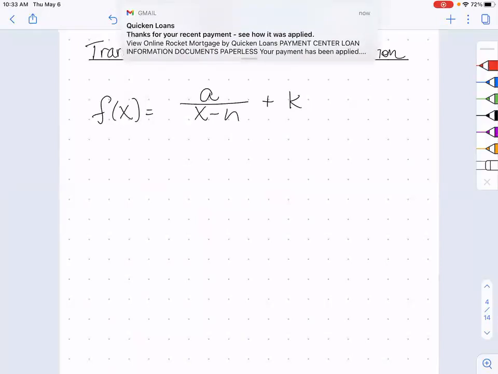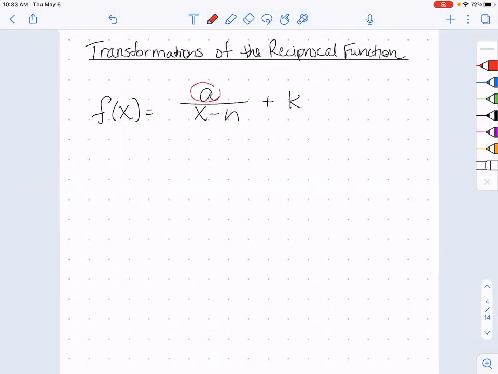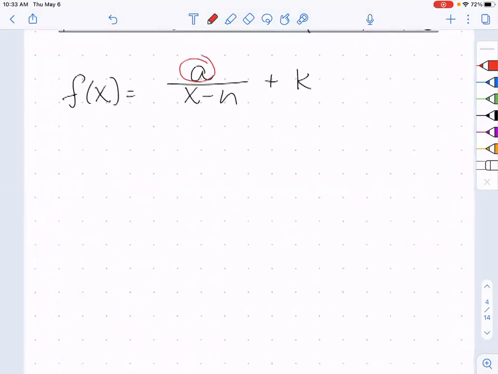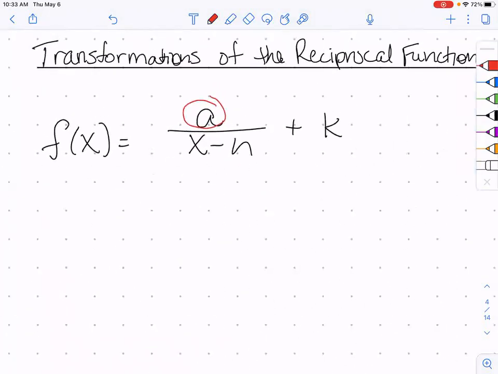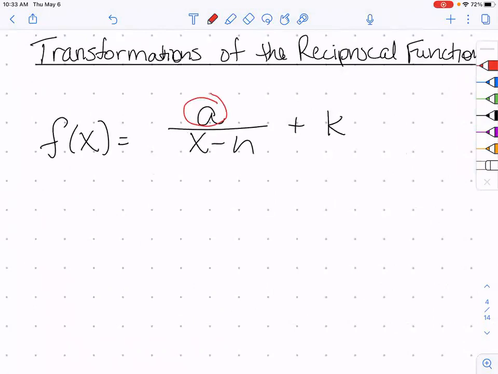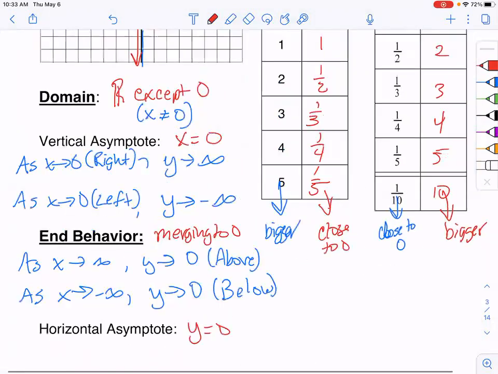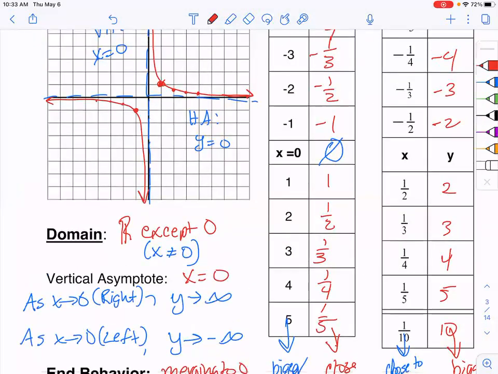So from what we said yesterday, what does the a do? How does the a affect the graph of this reciprocal function? It's a stretch, it's a dilation. And what we saw is it pulls the graph further away from the origin. So you see that in this function right here, it's kind of squeezed in real close to the x and y axis.